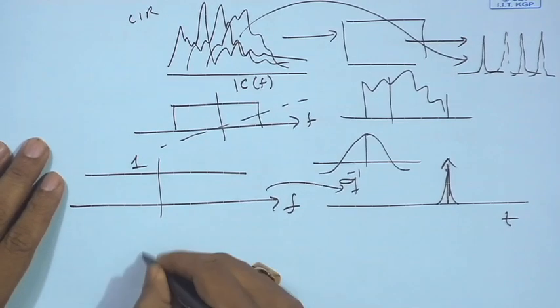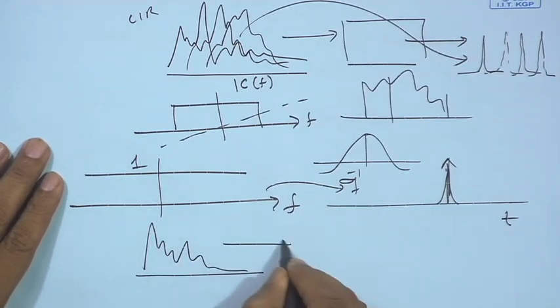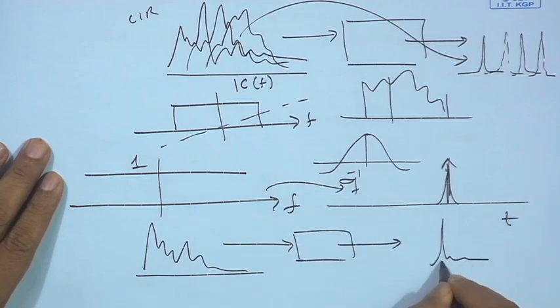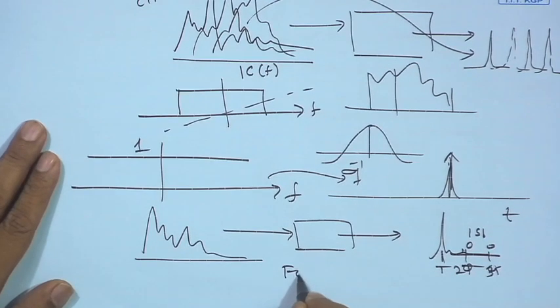So, if the channel produced an impulse response in this fashion, when it passes through an equalizer filter, it should produce an impulse at the sampling instant and 0 at all other sampling instants. So, it is not allowing any ISI, or it is forcing the interference to 0.